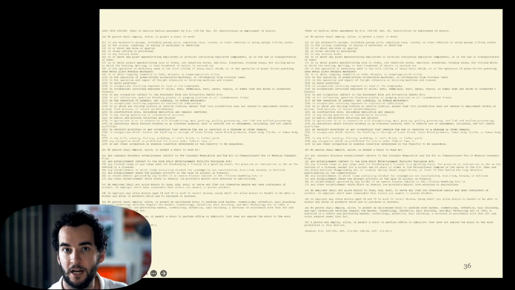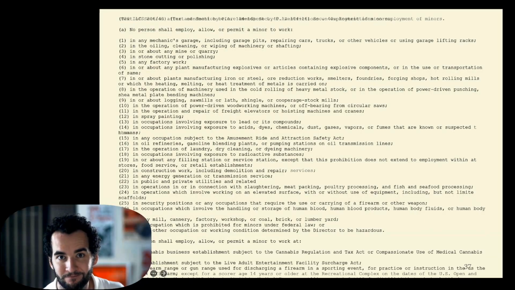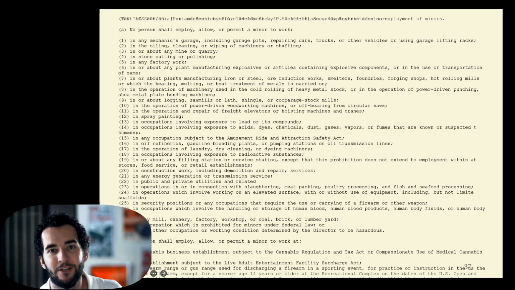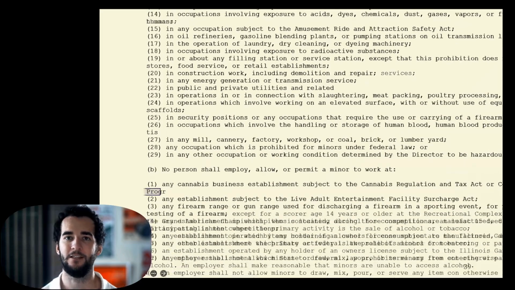I have here side by side the forms of labor prohibited to children before and after this law was enacted. It's very hard to read. That's all right, because they are identical. So much so that they kept the same spelling mistakes. For example, that's not how you spell sheet metal, and this is not how you spell program.